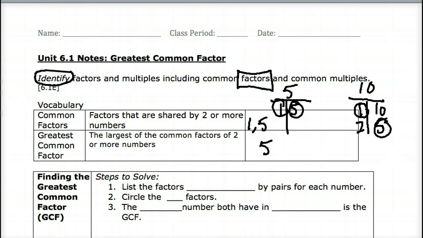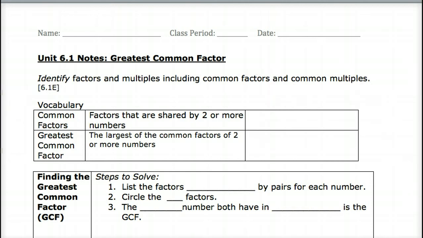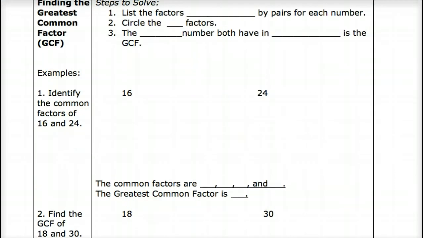We are going to actually go through the steps to solve one of these greatest common factor problems. So if you skip down to the portion of your notes that says steps to solve, that is where we will be looking. Now, the first step is to list the factors vertically.